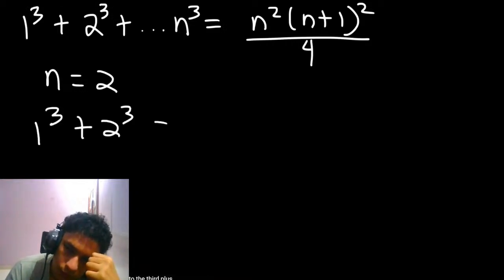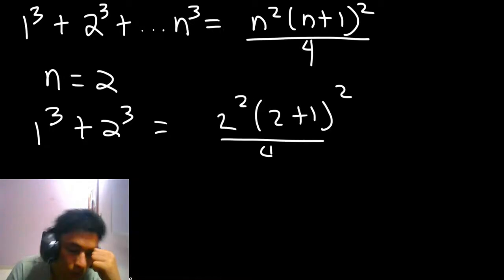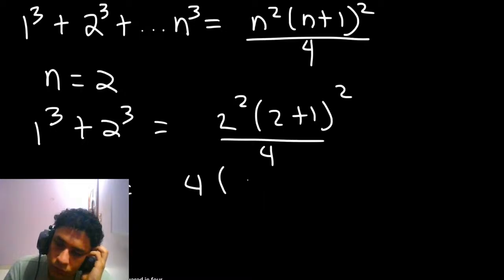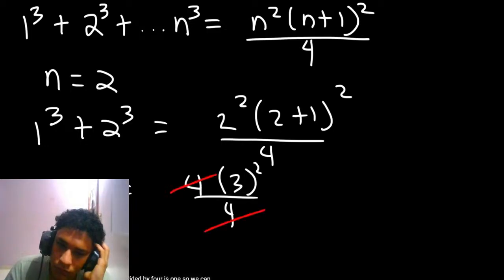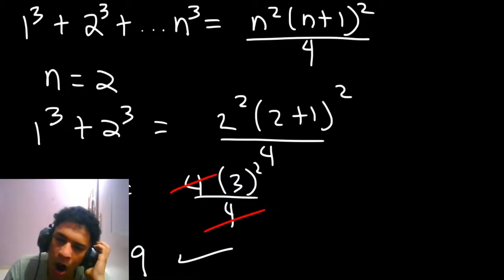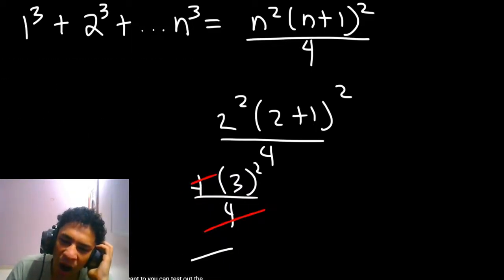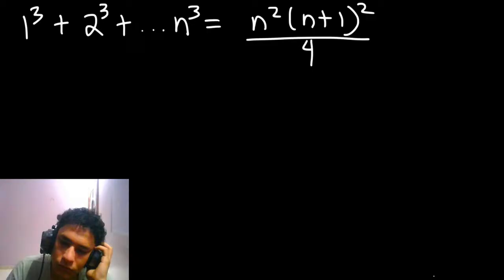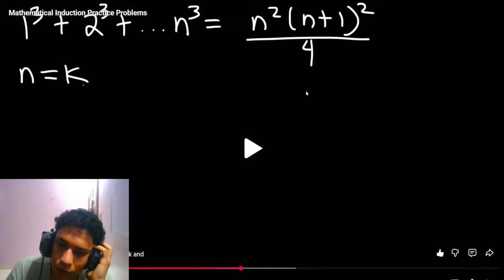Plus 2 over 3 to the third power equals 2 squared plus 2. Okay.